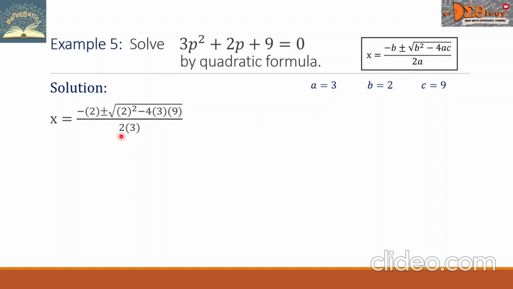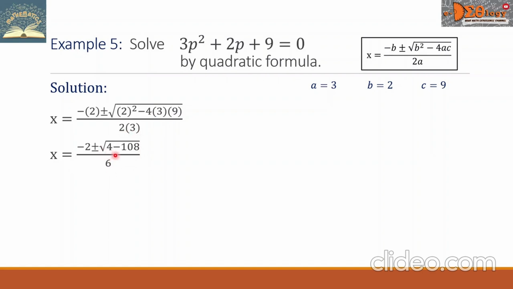So we have 2 times 3. We simplify further. This negative of 2, we simply write negative 2 plus or minus the square root of 2 squared is 4 minus the product 4 times 3 times 9, and that will be 108, all over 2 times 3, that is 6.